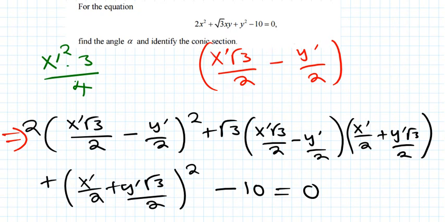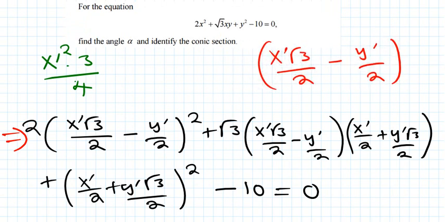So x prime multiplied by root 3 gives us that, and then this part multiplied by that part, what is it going to give us? So that's what we need to write now. If we multiply that by that, we're going to end up with x prime y prime root of 3 on top.